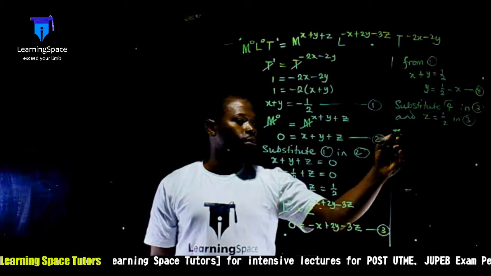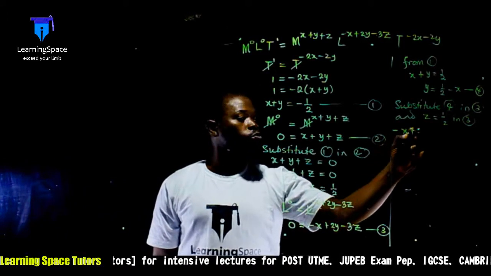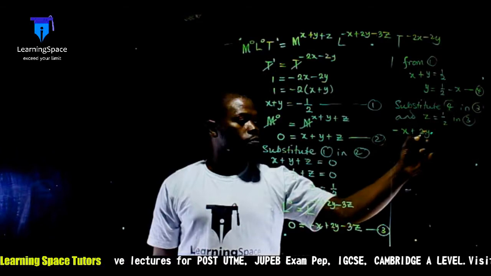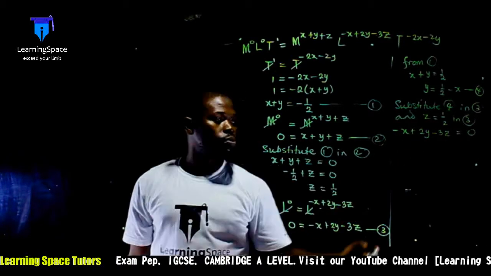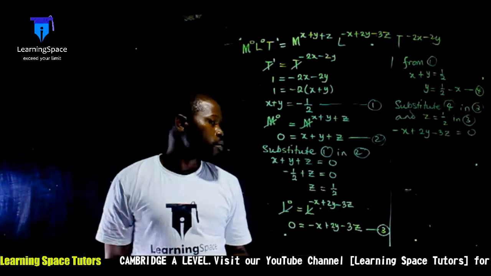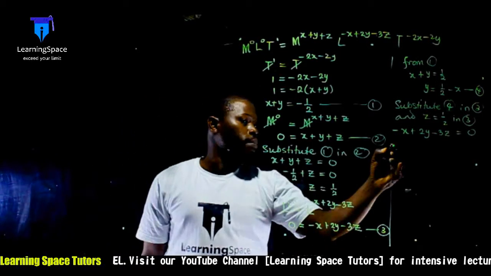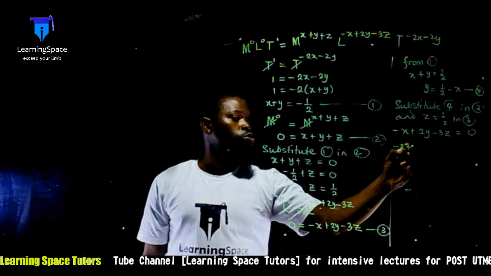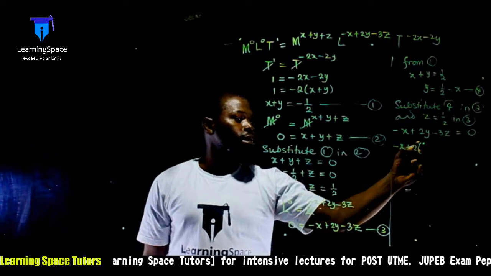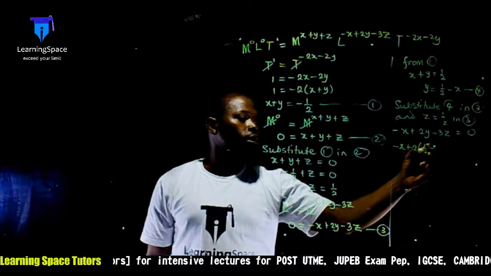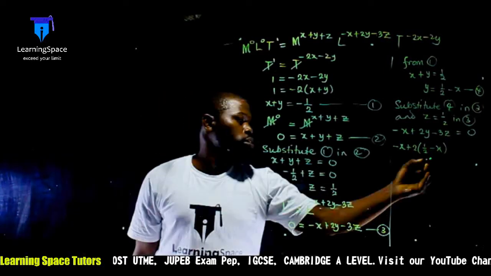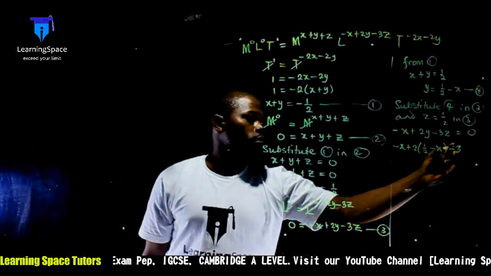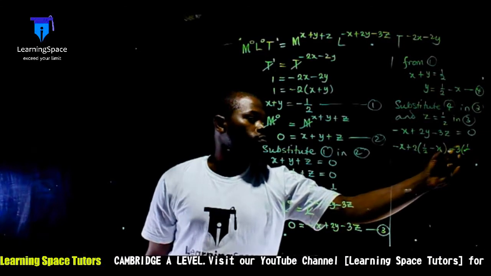We have minus x plus 2y minus 3z is equal to 0. So minus x plus 2, our y is half minus x, then minus 3z, which is equal to 1 all over 2.